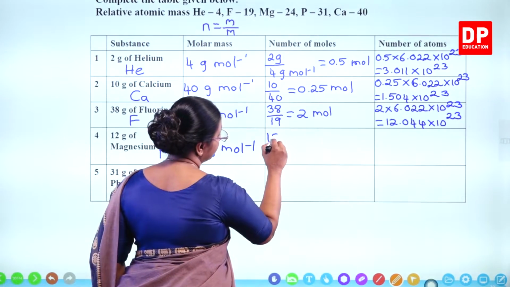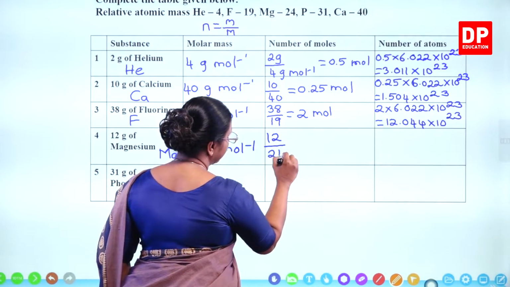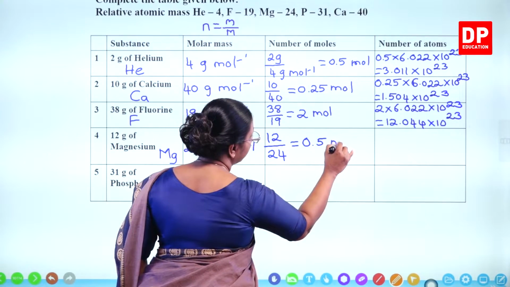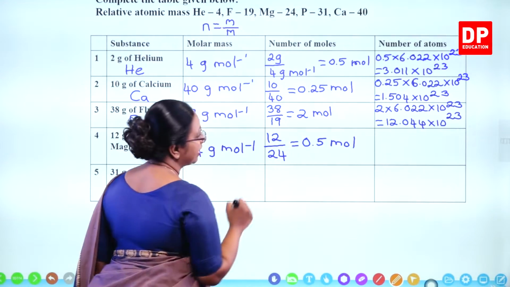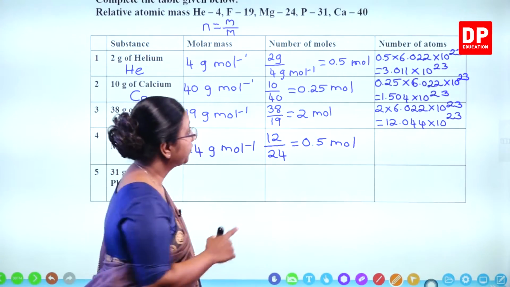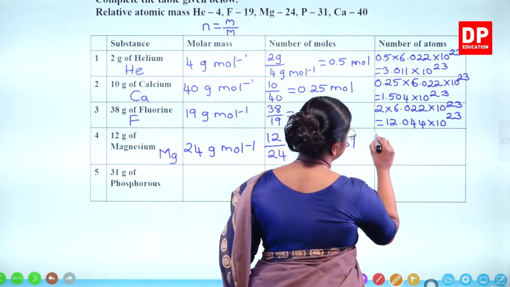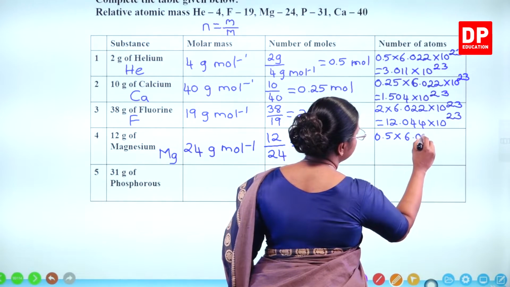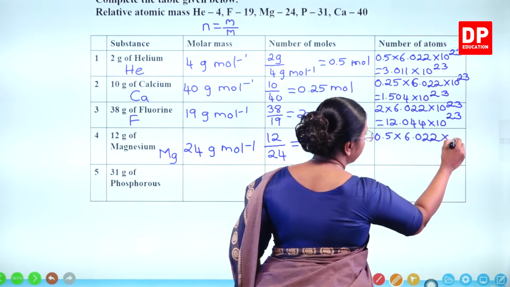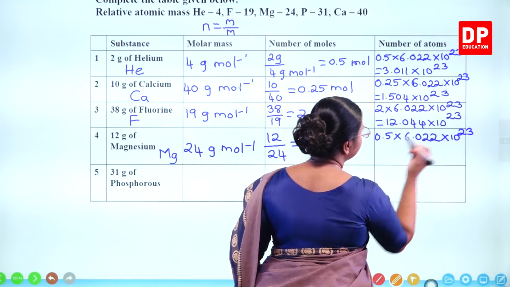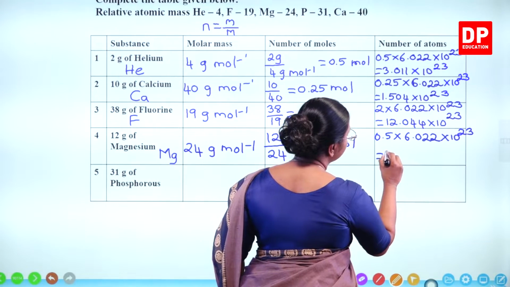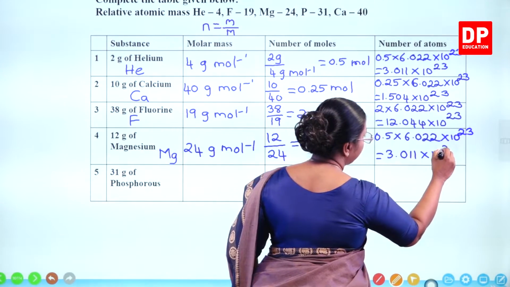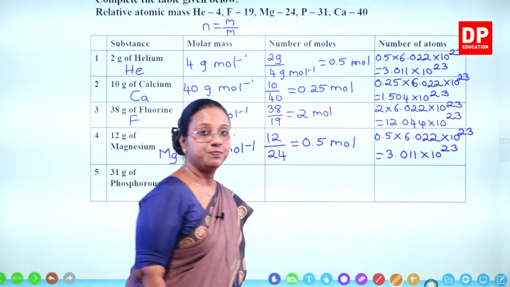Mass, that is 12 grams divided by 24 grams per mole, 0.5 moles. 12 divided by 24. Then the number of atoms, 0.5 into 6.022 into 10 to the power of 23. What is that equal to? 3.011 into 10 to the power of 23.